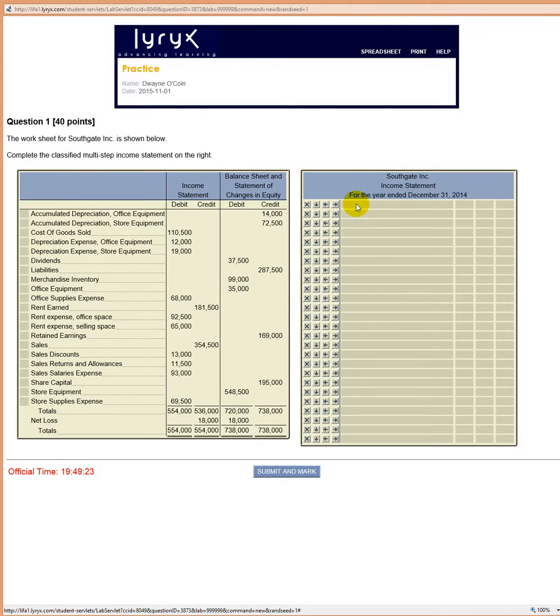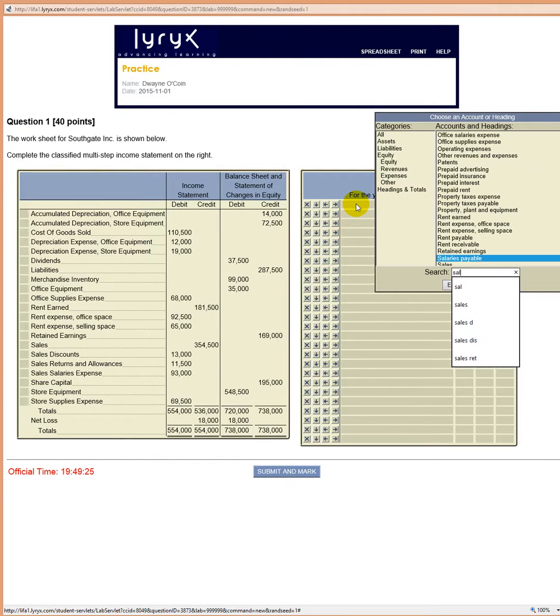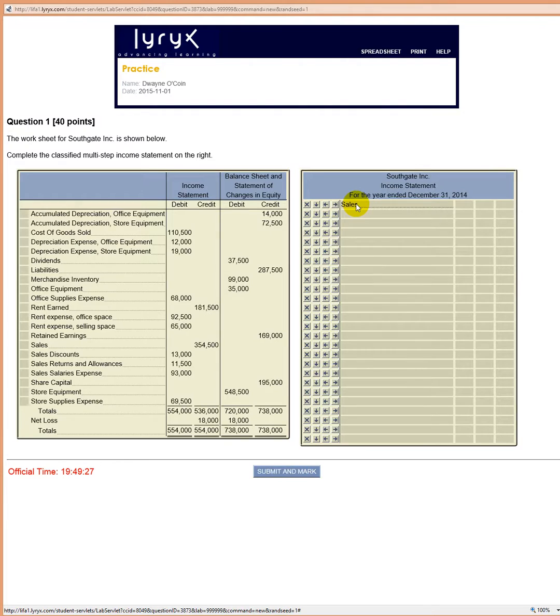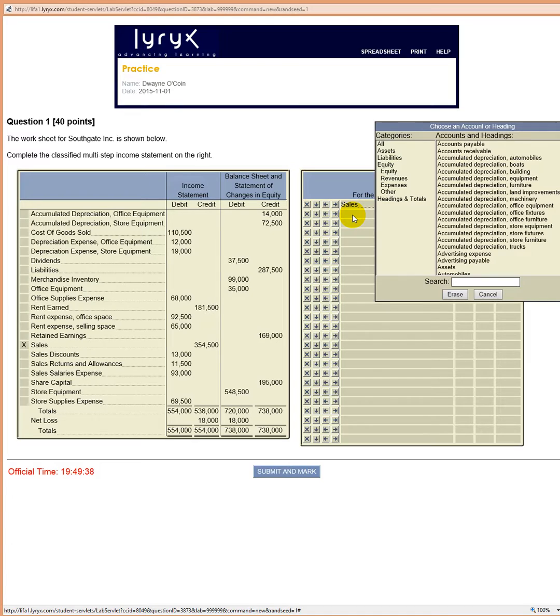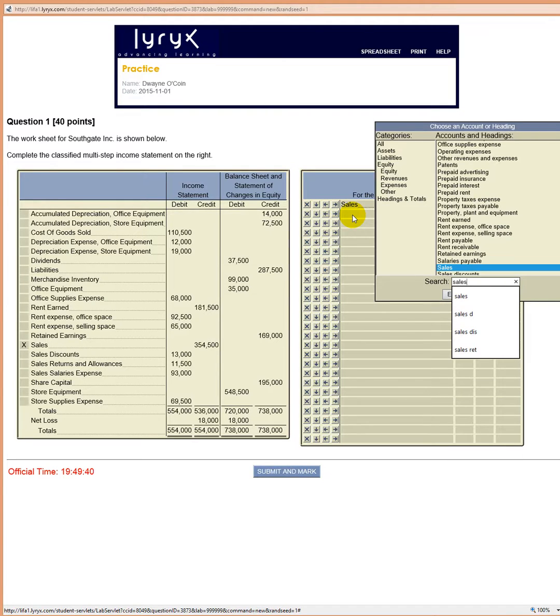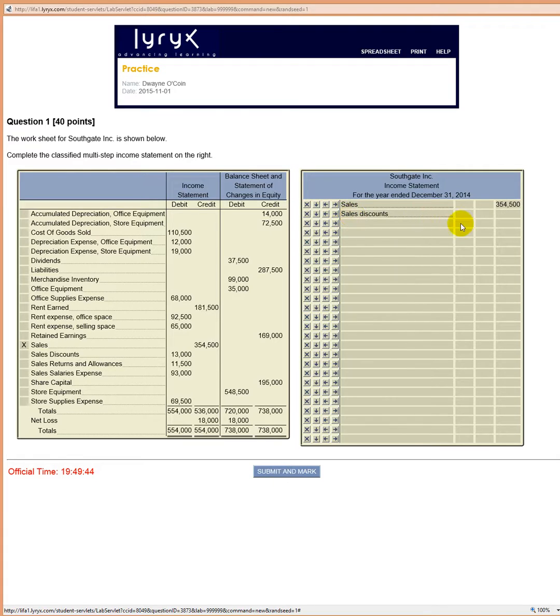Let's start as we did on the other one with sales. And the sales item resides down here, 354,000. And then we're going to take off the sales returns and allowances. So the sales discounts shows up next.